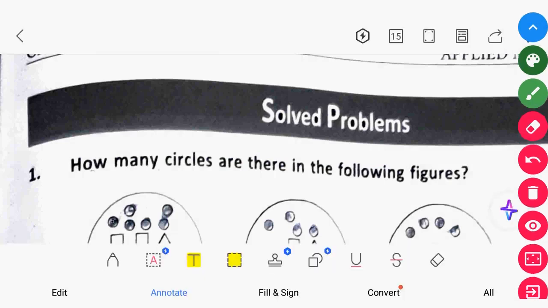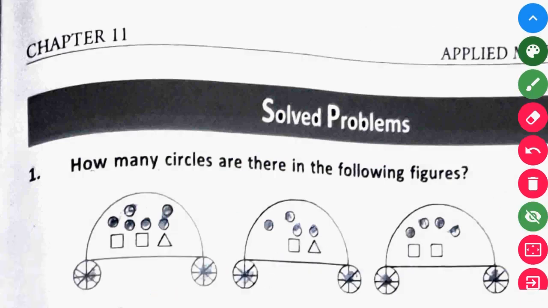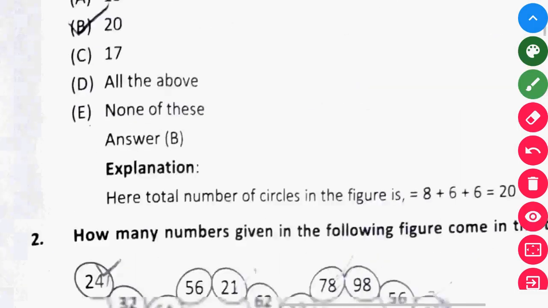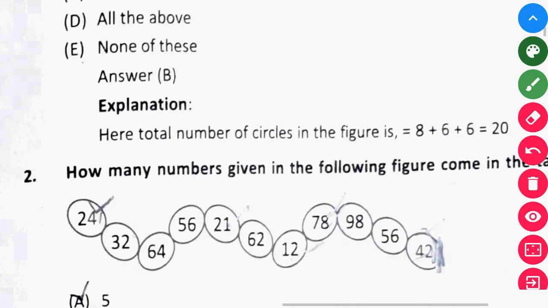See, 1, 2, this 1, this 2, 3, 4, 5, 6, 7, 8, 9, 10, 11, 12, 13, 14, and this 15, 16, 17, 18, 19 and 20. So in total there are 20 circles. This is a simple problem. You have to just count the circles in this.